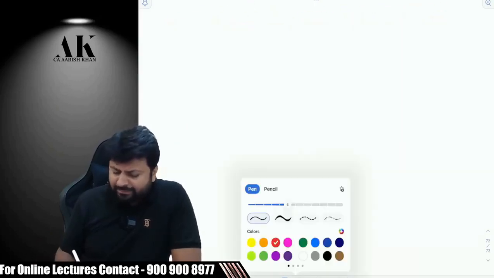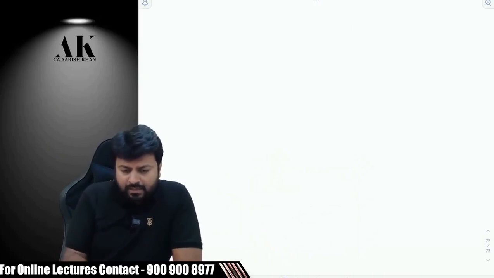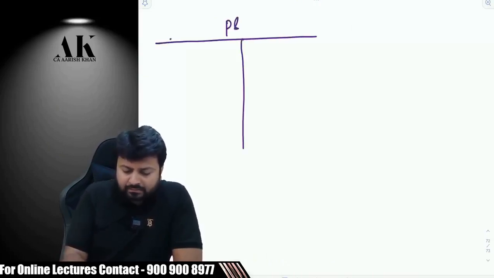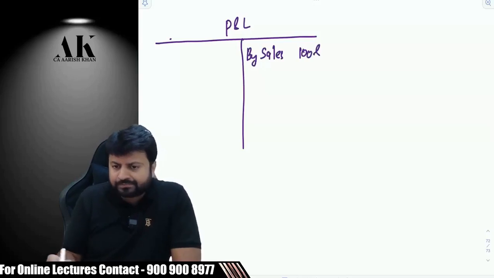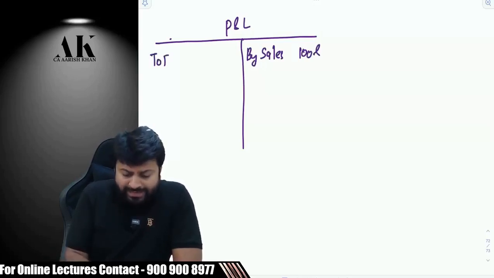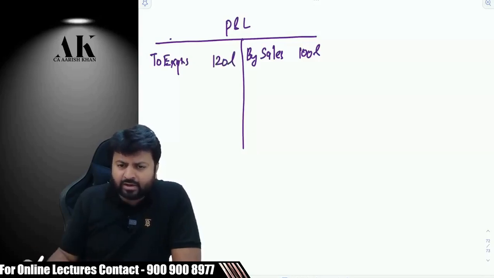Let's take an example. See on the board, please, all of you. Suppose there is an assessee, and this is the P&L of an assessee. This assessee has a sale of, say, 100 lakhs, and he has an expense of, say, 120 lakhs. It means there is a clear loss to the assessee.